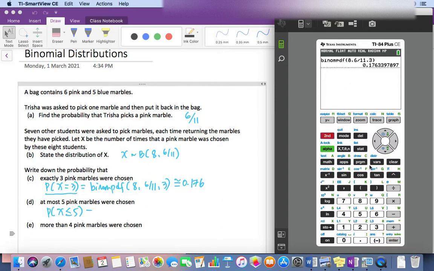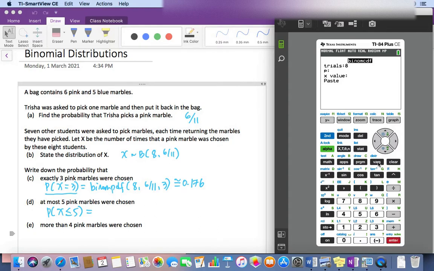Okay, so we go back to second var's distribution, go to binomial CDF. So binomial CDF is a function that accumulates all the probabilities from X equals 0 all the way up to the X value that you specify over here.